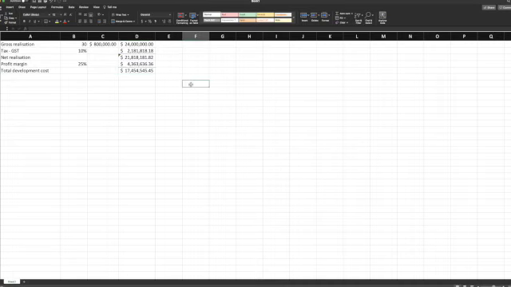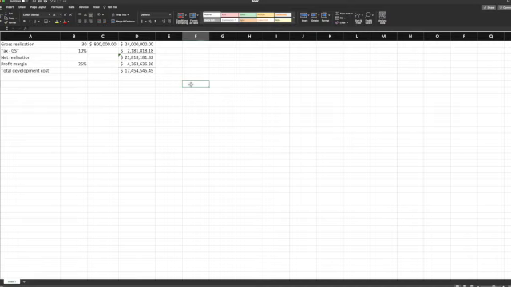Now we need to understand if that is our total development cost, and what we're trying to do is get down to the land cost, and the land is going to be the very last thing. What we've got to do is work out what all the other costs are. So we're looking to take away all the other costs and come up with a number.